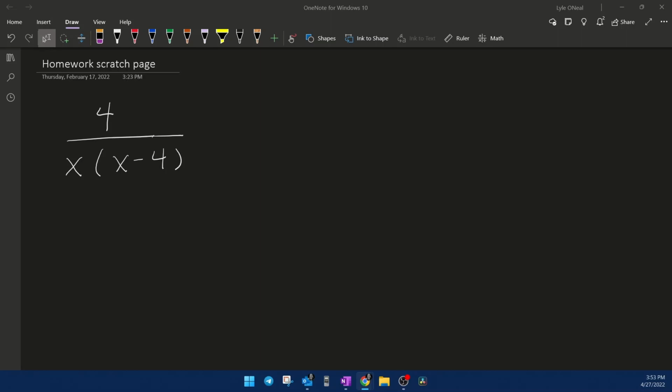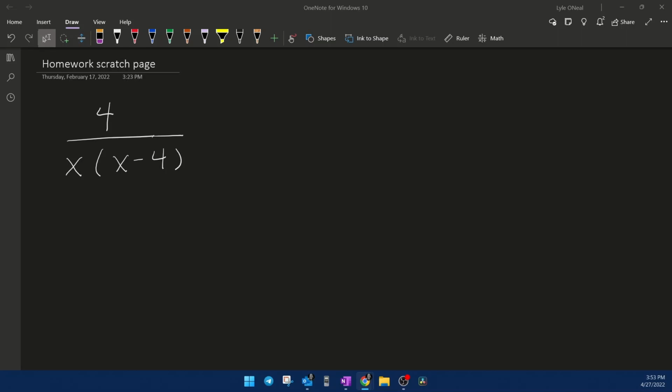There's the second case where the denominator has repeated linear factors. The third case is where the denominator has non-repeated irreducible quadratic factors. And then the fourth case is where the denominator has repeated irreducible quadratic factors.